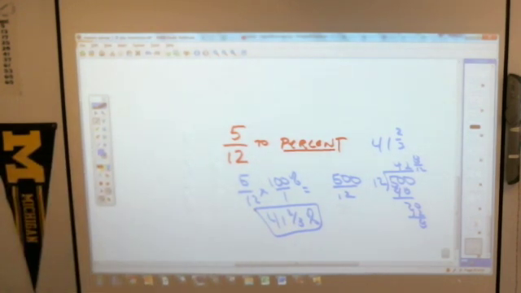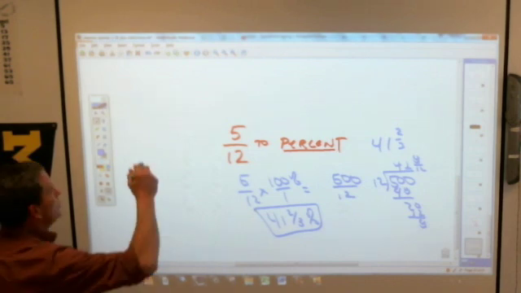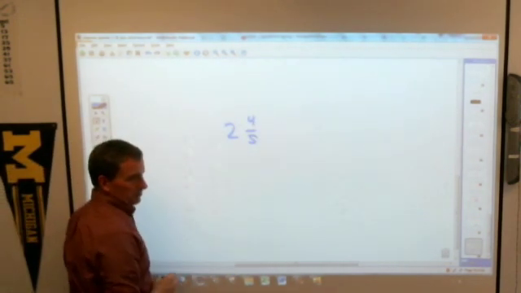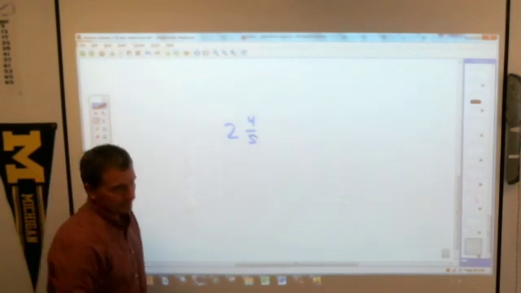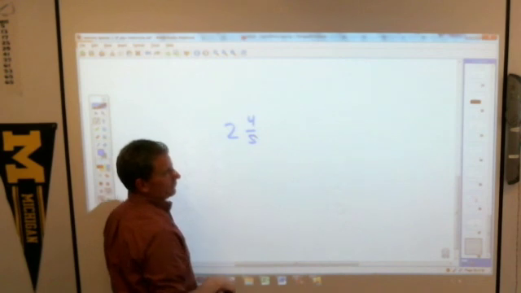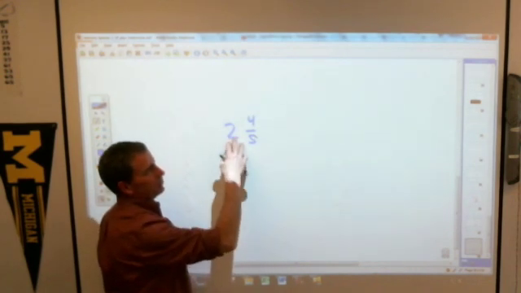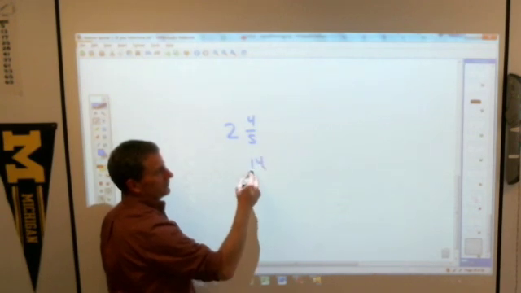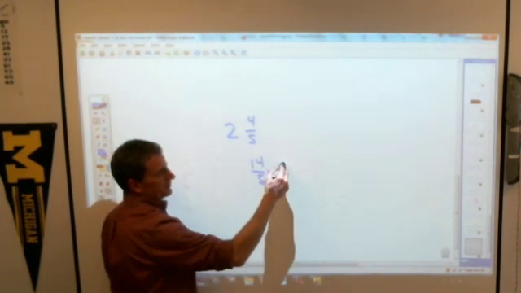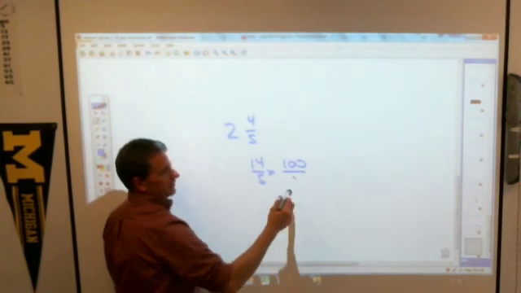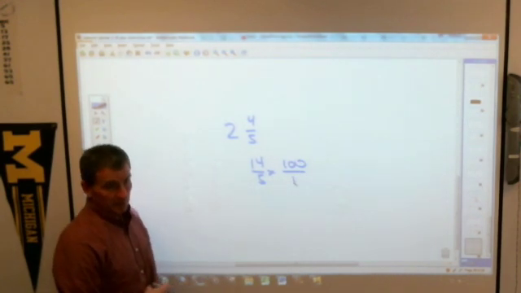One last one. What about an improper fraction? 2 4/5. What if I'm making that a percent? 2 4/5. Well, a couple different ways, but I guess let's just do it this way. You would make it an improper fraction, which is 14/5 times 100. And this is where cross canceling would come in. Why?